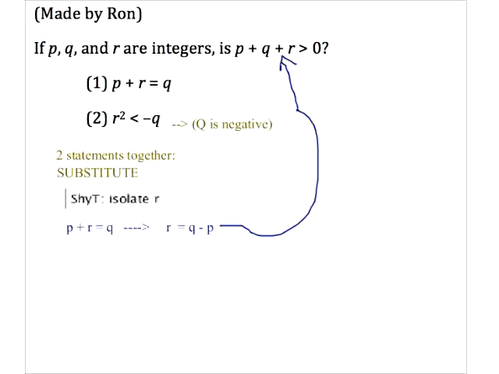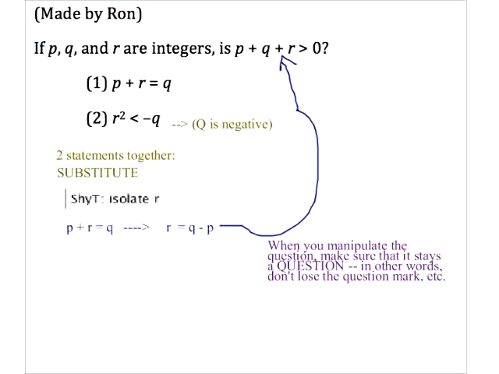When you plug back into the question, don't lose the question mark. When you manipulate the question, make sure that it stays a question. In other words, don't lose the question mark or other markings of the question. So it is P plus Q plus R greater than 0?